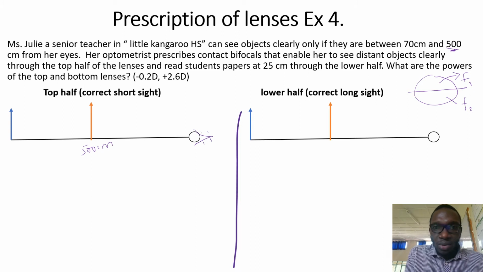The question also says that this is a contact bifocal, so the lenses are in contact with the eye, and there's no distance between the lenses. Therefore, we shall place the lens exactly here. Then she cannot see beyond 500 centimeters, but we want this lady to be able to see at infinity.